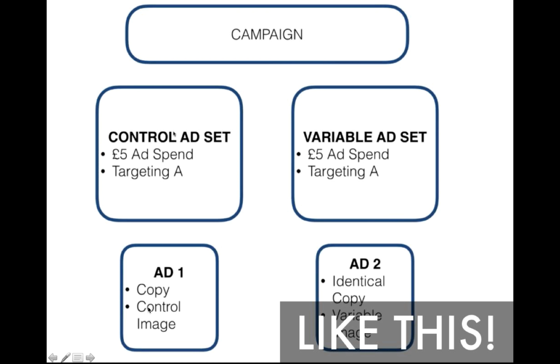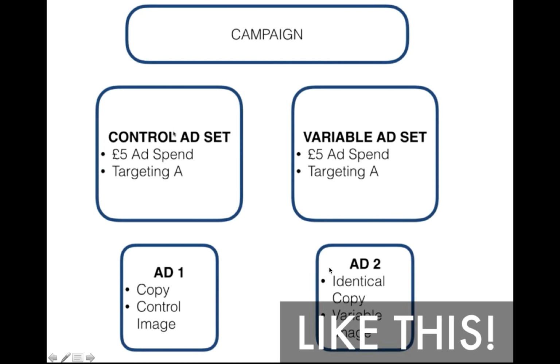The only thing that's different is the image. The control image, like I said before, might be a woman doing an ab exercise. This is our winning one, which I'm like, hey, that one's going to kick ass. But at the end of the day, you won't know until your customers react to the ad. Sometimes things that you think will be amazing suck and don't work. So you just have to constantly test.